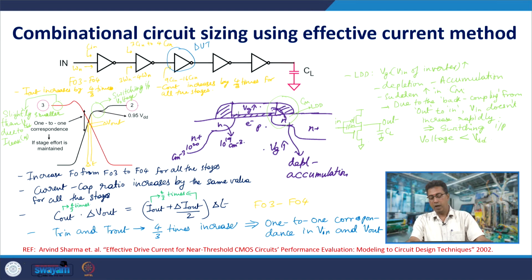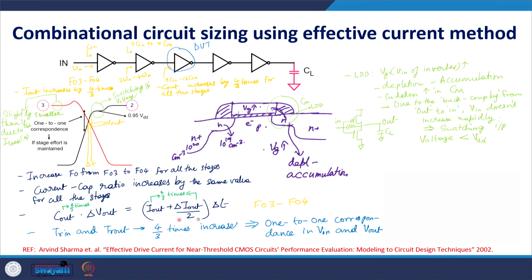Now after this we will discuss the various components of currents which discharge or charge the output node. We had seen till now that there is a one-to-one correspondence in V in and V out values if you maintain the fan out ratio of this inverter chain, or in other words, if you maintain the stage effort for each stage.